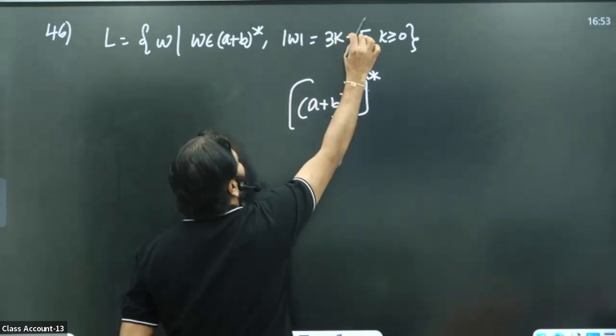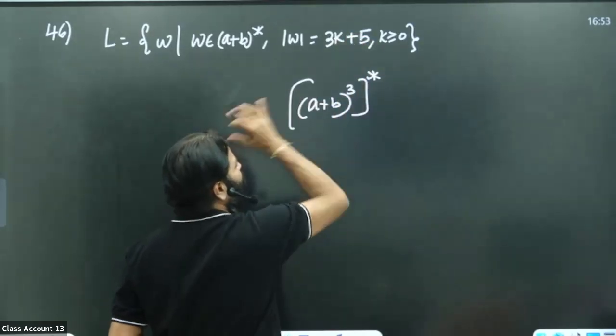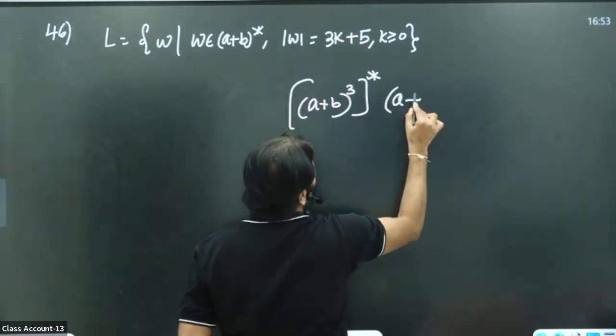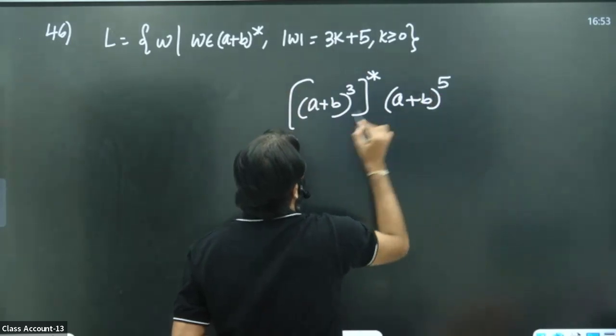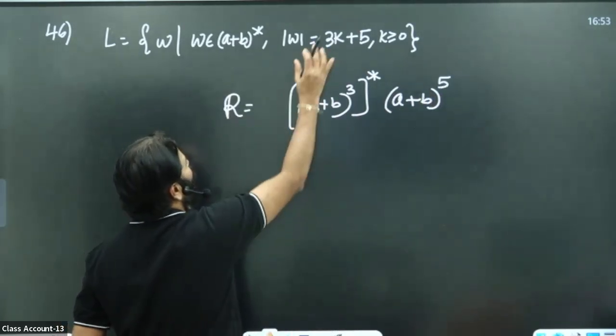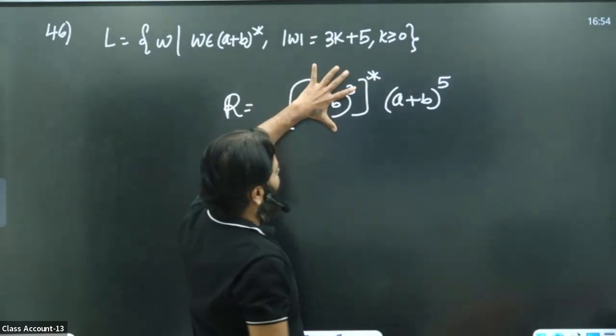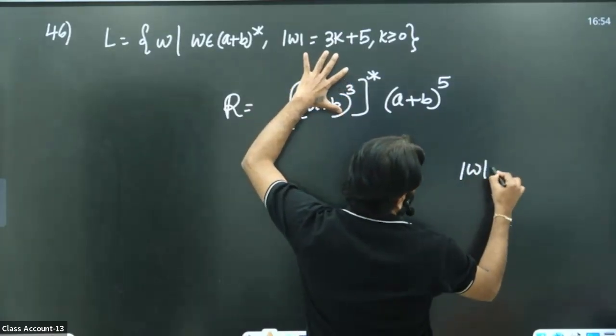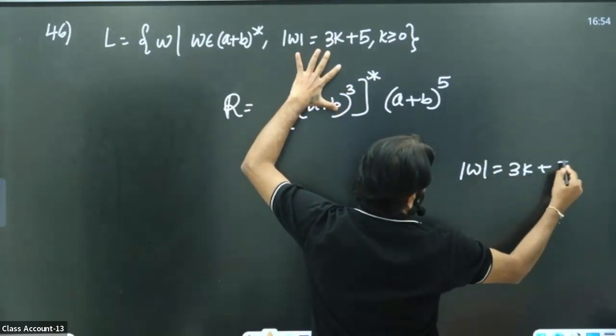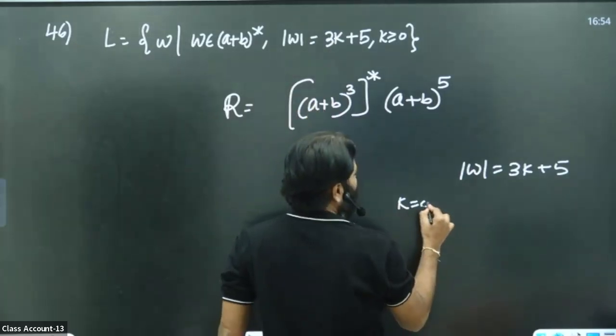But additionally, you require 5 length extra. Before or after you can keep, I'm writing (a plus b) power 5. Very easy to write if you can understand what is the meaning of this. If you put k equal to 0, what happens?